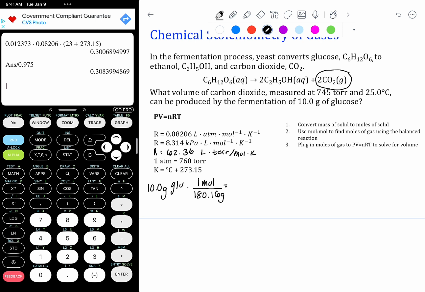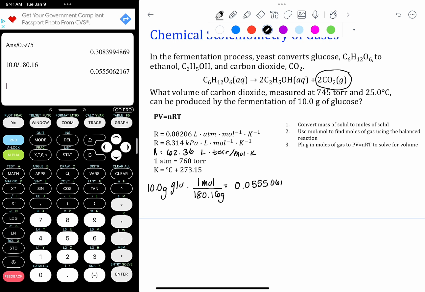So we'll take 10, divide it by 180.16 to get 0.0550506 moles of glucose. So we did step 1.